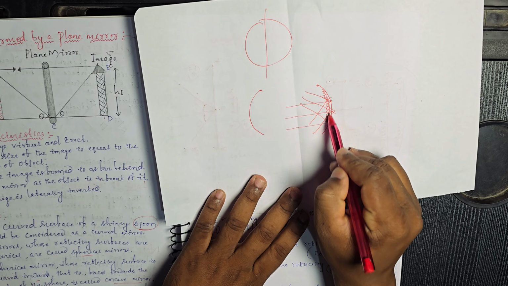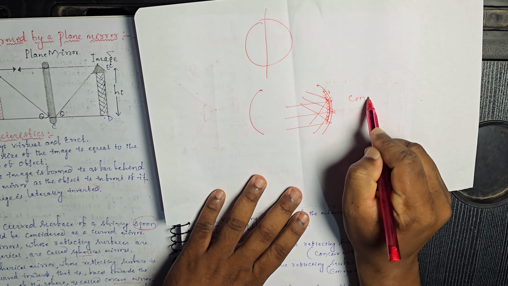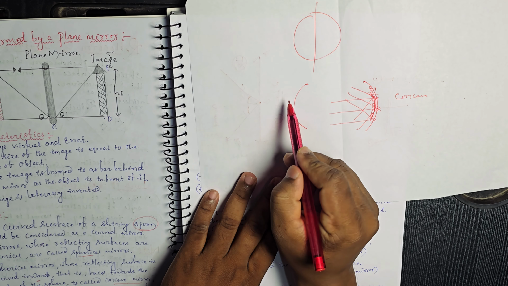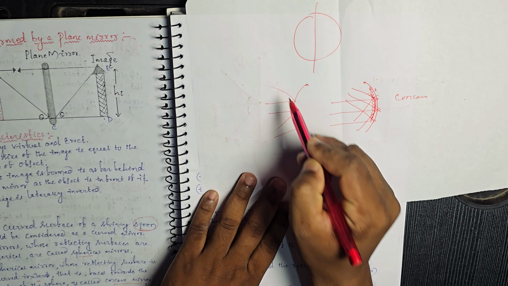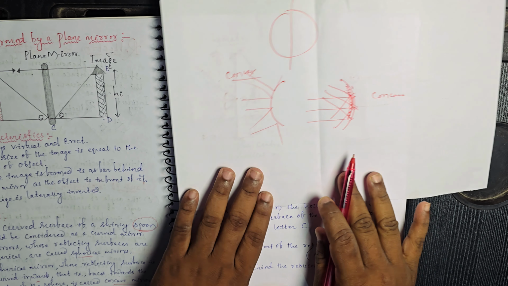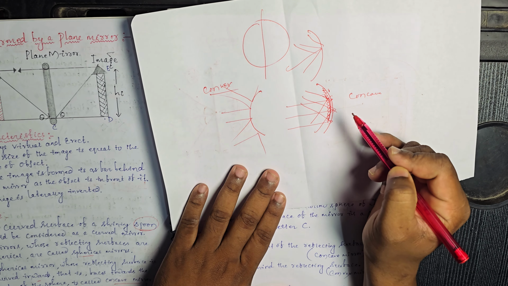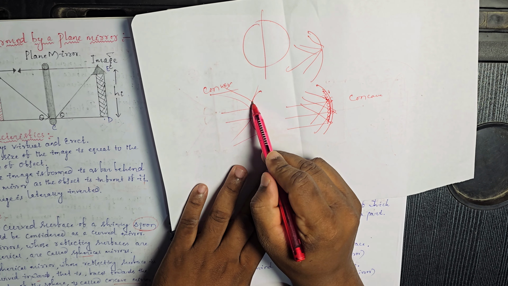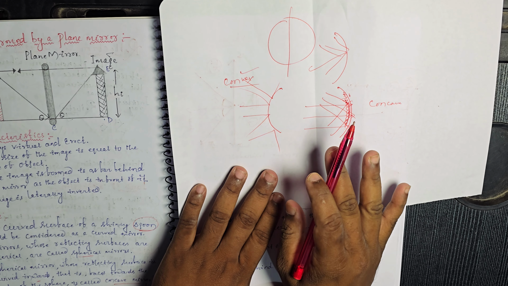If the inner side is the reflecting surface, where a ray of light is applied and returns back into the same medium, then this is called a concave mirror. If the outer side is the reflecting surface, then this is called a convex mirror. If the inner side is the reflecting surface, it is called concave. If the outer side is the reflecting surface, it is called a convex mirror. I hope this is clear.